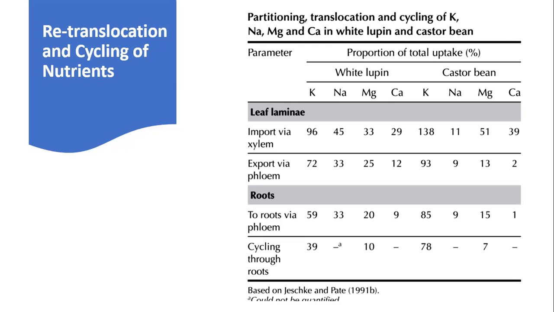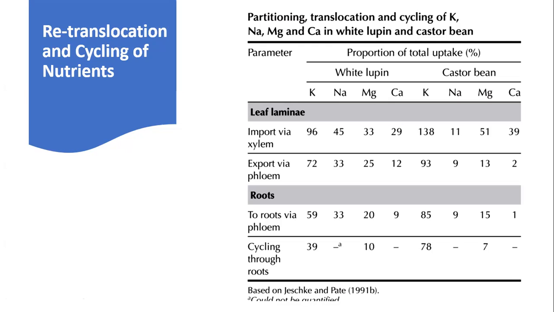So there is the net difference. Then sodium is 45% and 33% is exported through phloem, magnesium 33% and 25%, calcium 29% and 12%. You can compare with the castor bean. The scenario is almost the same, but you can see some differences like the calcium. That difference is much higher in the castor bean as compared to white lupin.